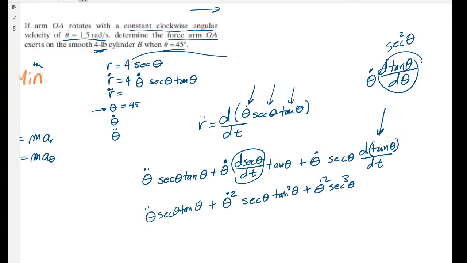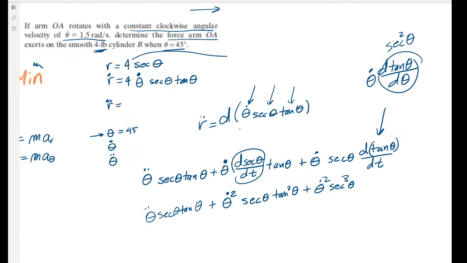Let's see. I think what I'm going to have to do is slide some things out of the way. Here's what I'm going to do. I don't have enough space for this, so I'm going to take this space, move it down in there.